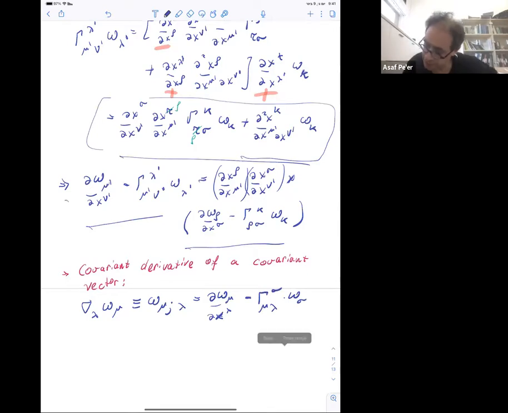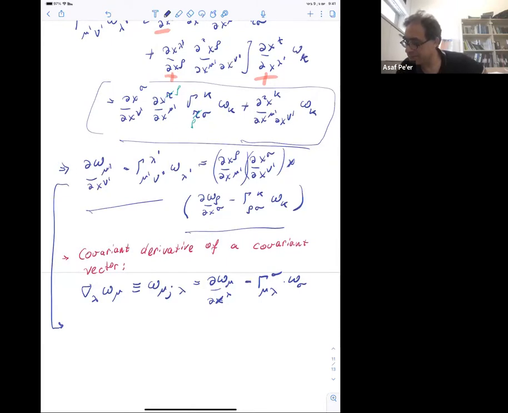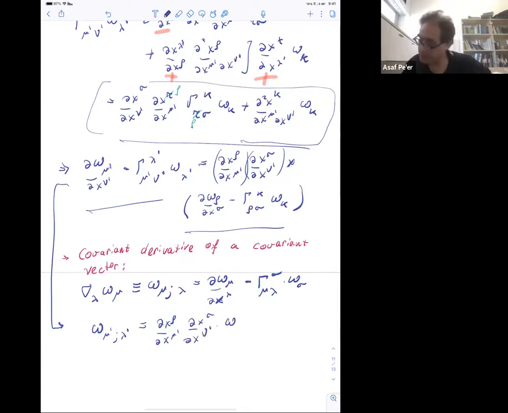And this equation here specifies that this is a tensor, right? Because omega mu prime nu prime is just dx rho over dx mu prime, dx sigma over dx nu prime, times omega rho sigma.